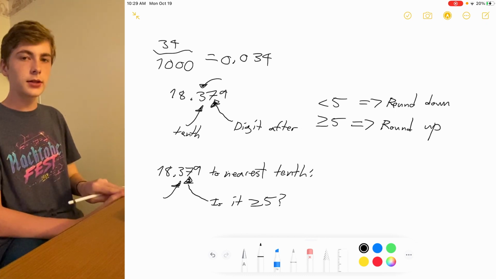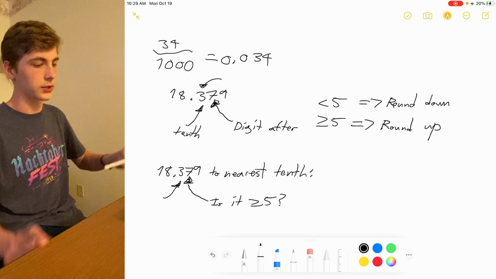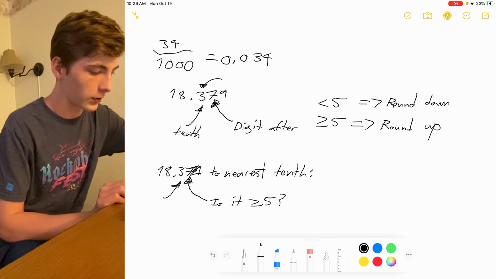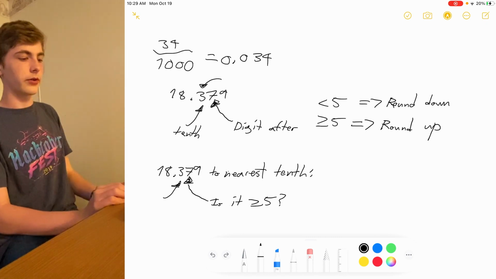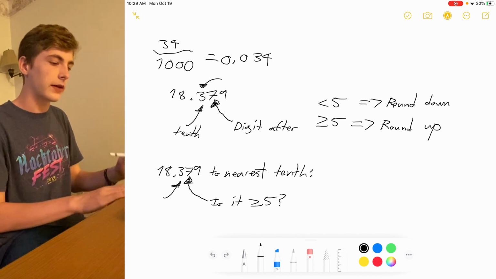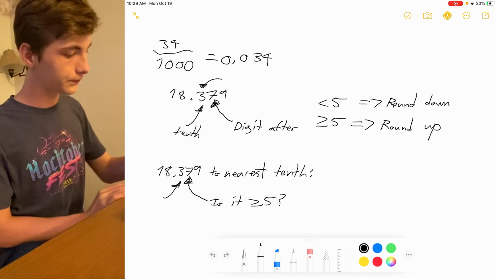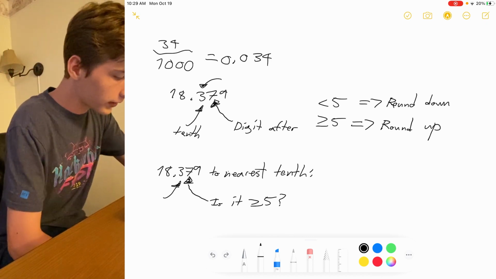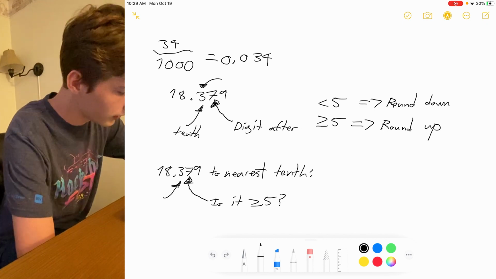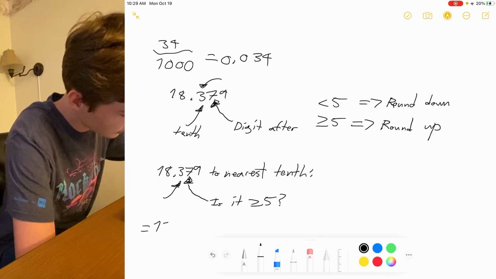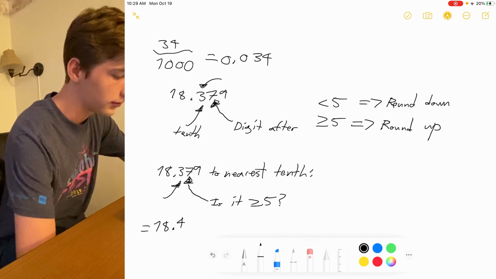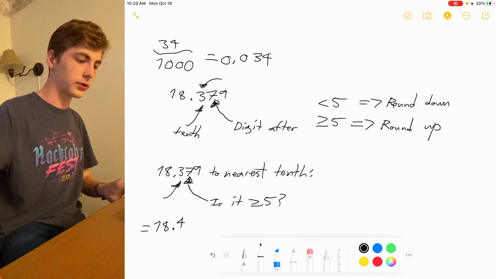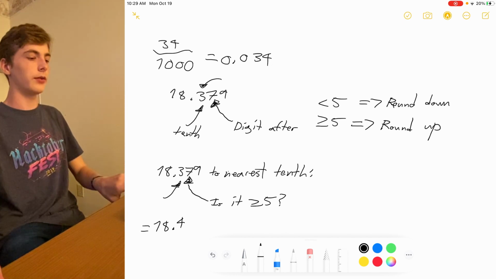If it's not, then we don't do anything. We just scribble these out and we're done. If it is greater than or equal to 5, which in this case it is, 7 is greater than 5, right? So in that case, this 3 is just going to become a 4. So it's going to be 18.4. And you see we chop off everything else. We just ignore the rest of that number.